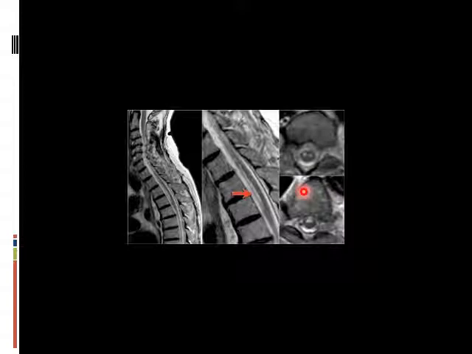According to which artery is occluded, we have anterior spinal artery syndrome, posterior spinal artery syndrome, and other syndromes. I will tell you about them. When the anterior spinal artery is occluded, it results in infarction.